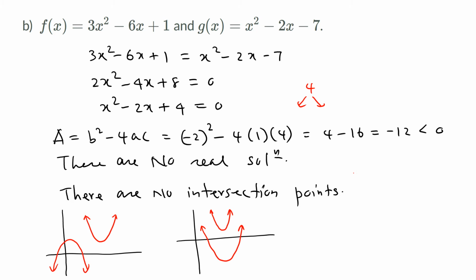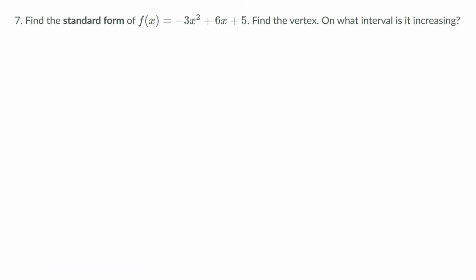Good. So let's go to the next problem. This is a different type of problem. It says find the standard form. When you find the standard form of a quadratic function, that means there is a special format. We have to rewrite this equation as f(x) = a(x − h)² + k.